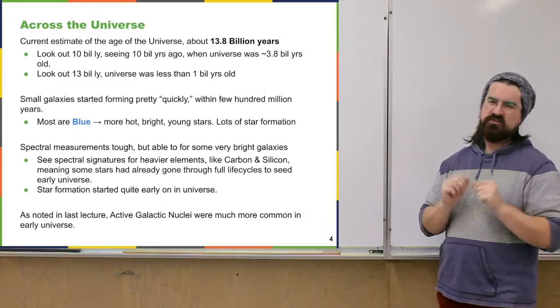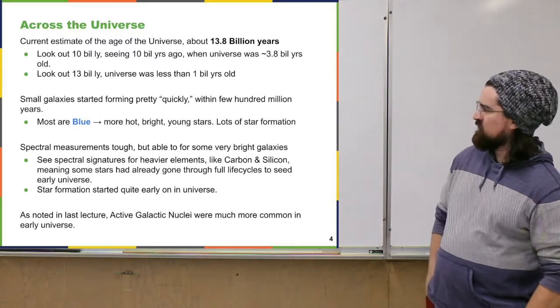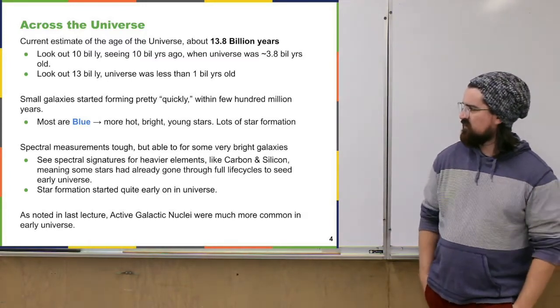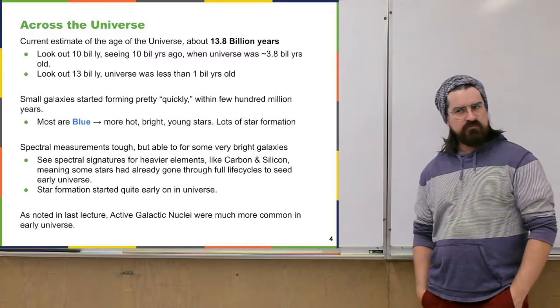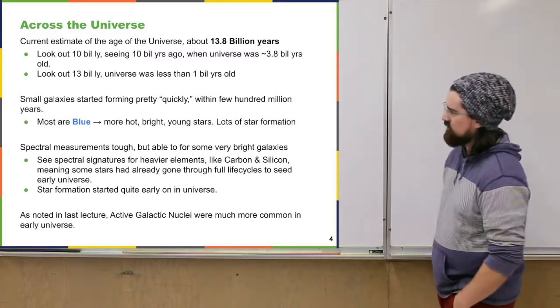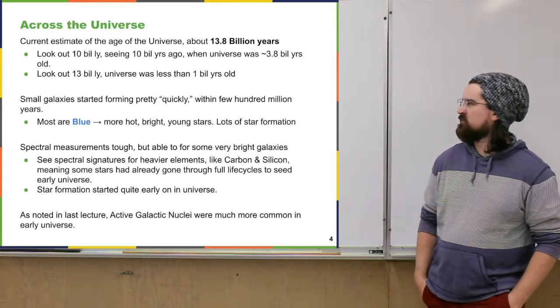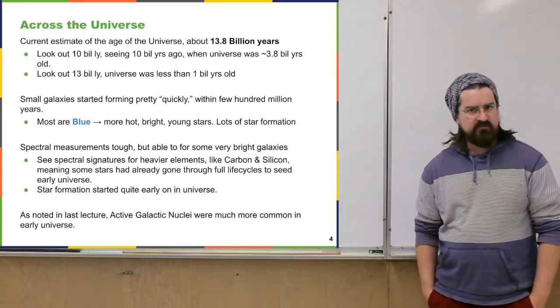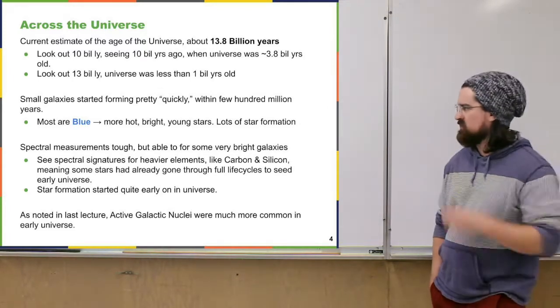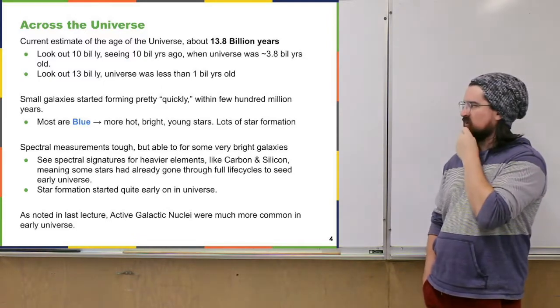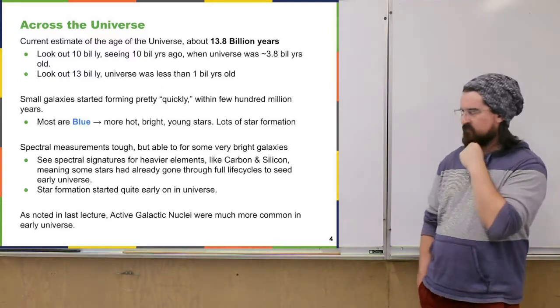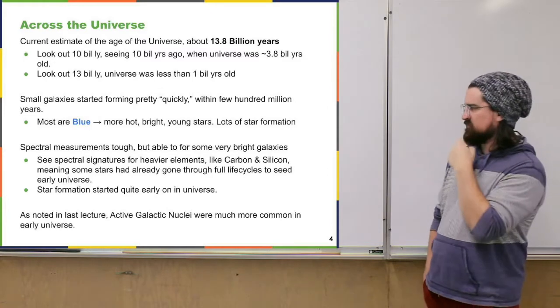A few 100 million years. Most of those galaxies that we see are fairly blue, just spectrally, so that sort of indicates that they're made up of very hot and bright stars, typically pretty young stars. It's also just kind of telling us there's a lot of star formation happening. Kind of makes sense early on.